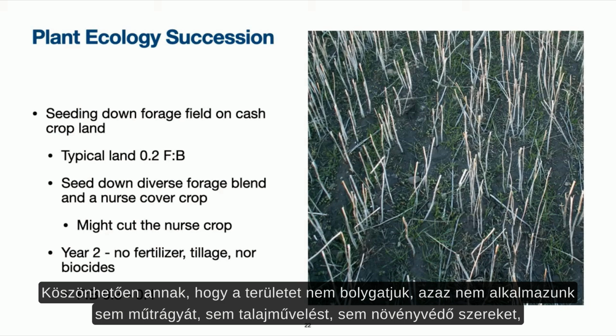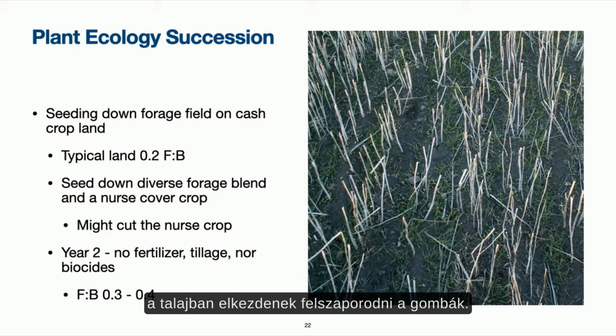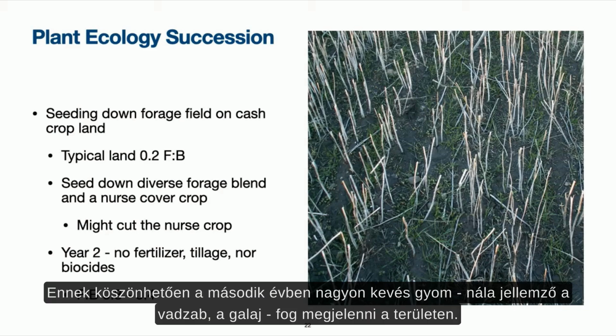So in year 2, we're not going to add any fertilizer, we're not going to do tillage, we're not going to use any biocides. What will happen is, because we haven't disturbed it, we're going to build more fungi in that soil. That fungi is going to move our ratio up to 0.3 or 0.4. By doing that, in year 2 we will see very few wild oats. We'll see very few cleavers.